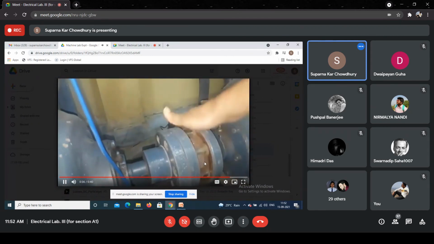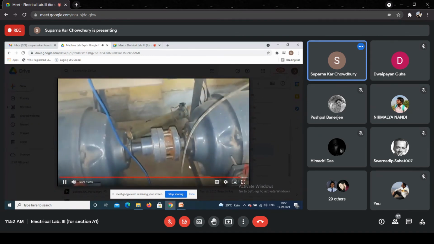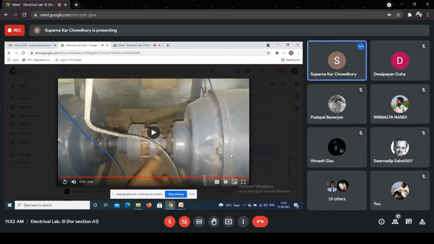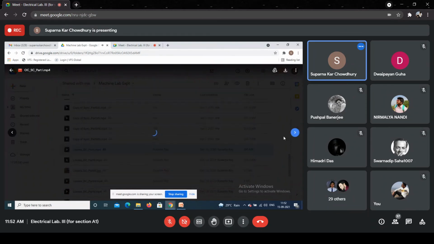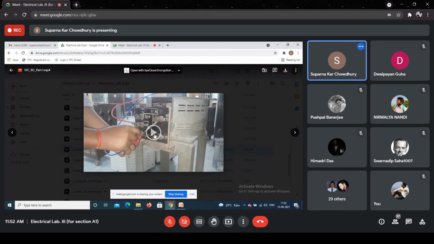That is, both the machines are rotating separately. This is for some other experiment.